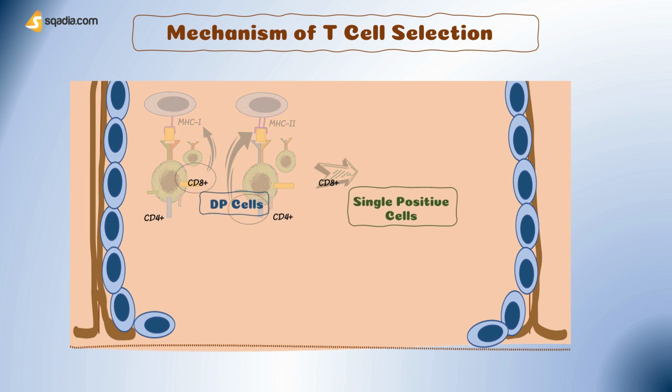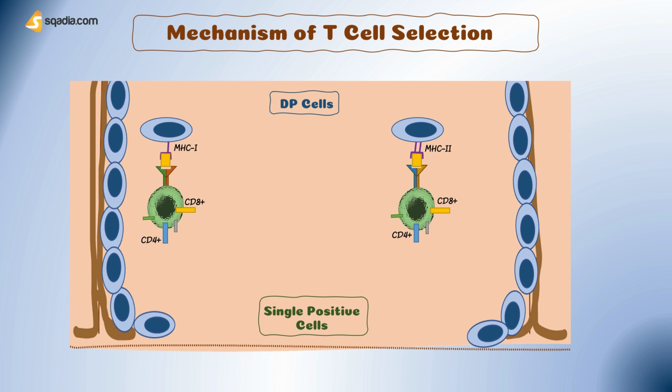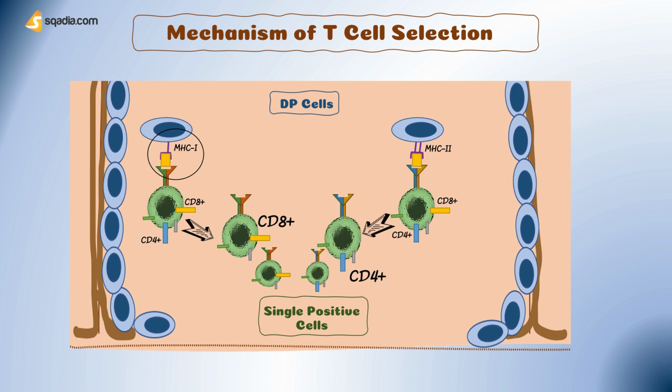So, the DP cells that recognize antigen on MHC class I stop or reduce expressing CD4 and become single positive, SP, CD8+ cells. In contrast, DP cells that recognize self-antigen on MHC class II stop expressing CD8 and become SP CD4+ cells.